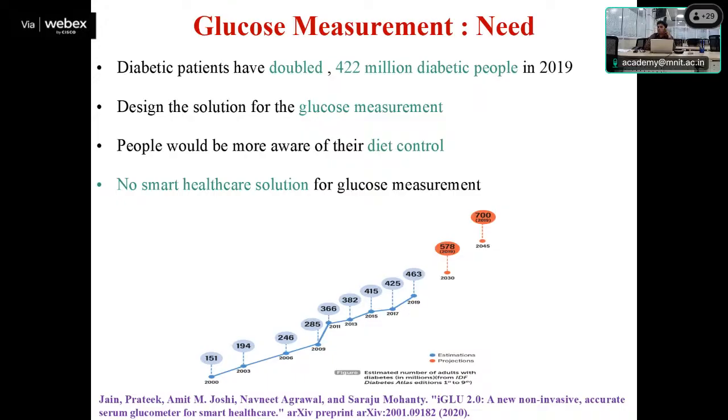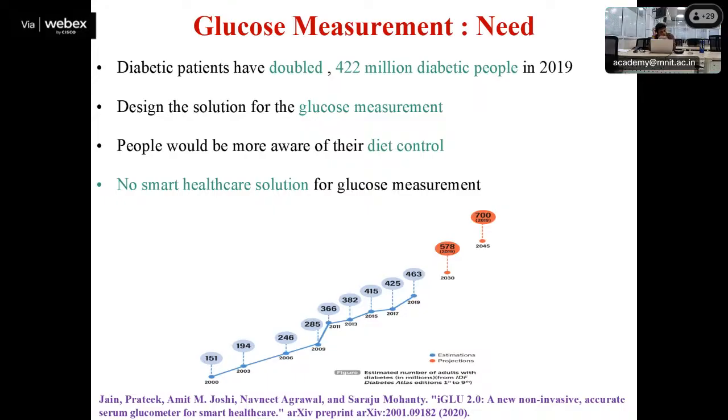Both are invasive, so it would be impractical to use them multiple times in a day and throughout the night. As I said, ideally you need to measure 4 times a day. For 1 day or 2 days, possibly I can do it, but not throughout the lifetime, pricking the body and measuring the blood glucose. So it is not actually possible.